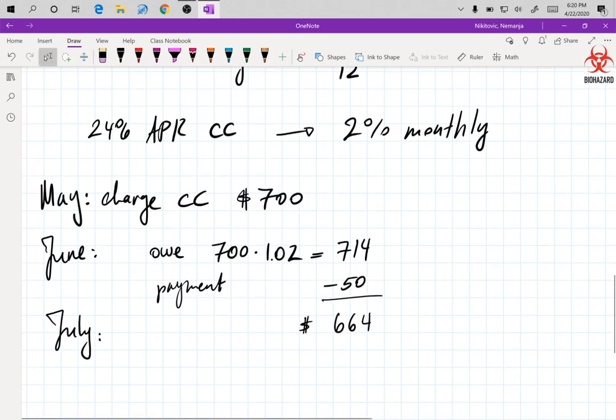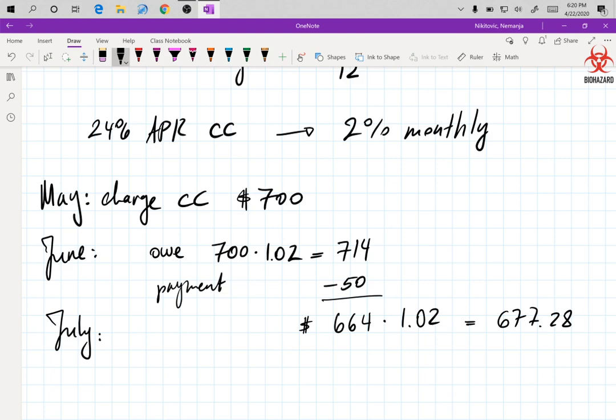But hold on, in July you are going to apply 2% again on it. So now you're going to have 664 times 1.02. It's going to give you that you owe $677.28.